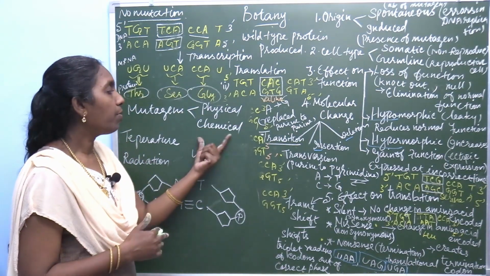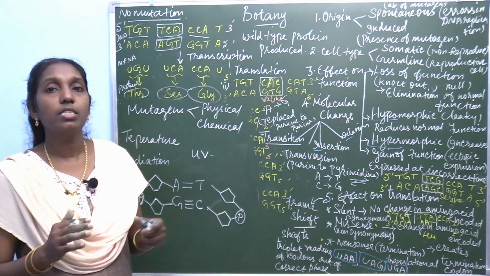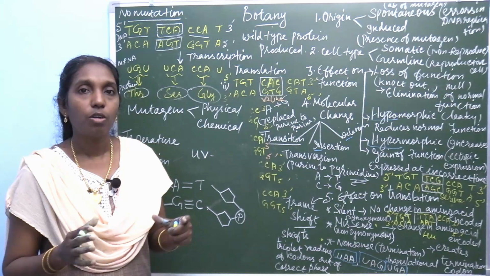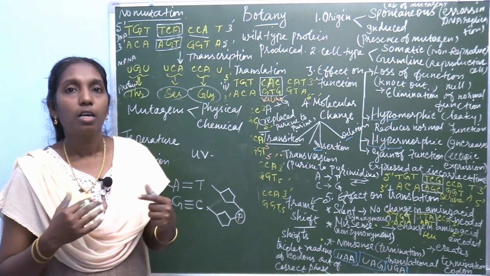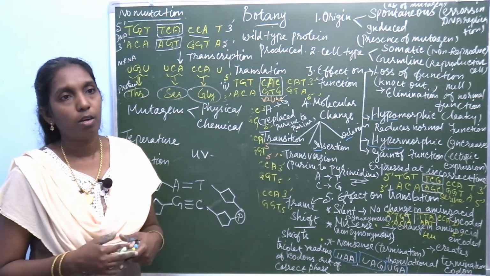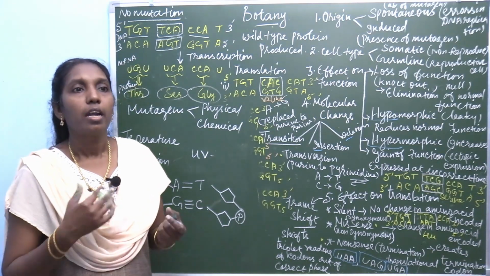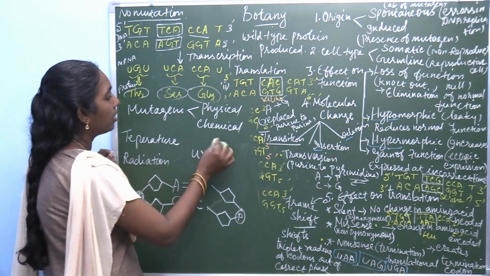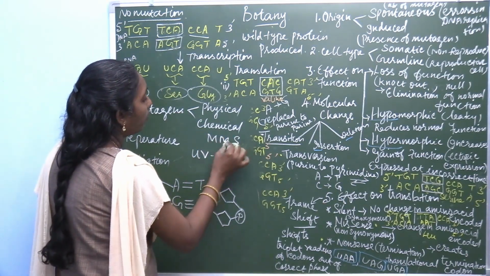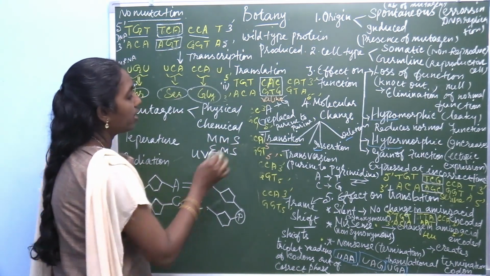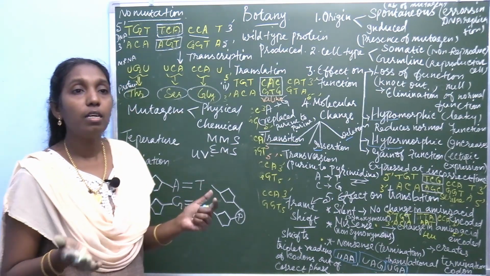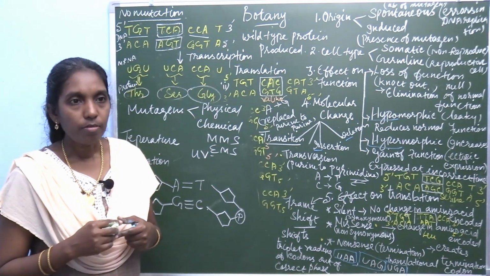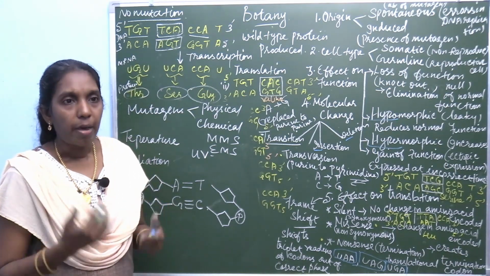There are a number of chemical mutagenic agents also. Chemical mutagenic agents are chemical compounds, like mustard gas, nitrous acid, methyl methane sulfonate, ethyl methane sulfonate, eosin and manganese salt.